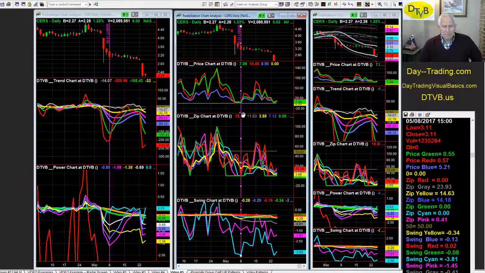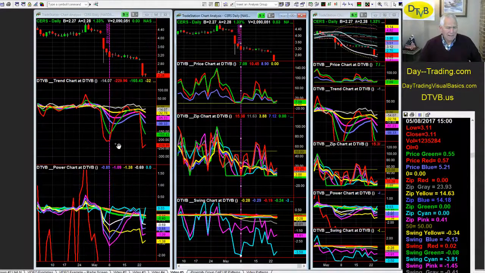Now, that being said, with this day being an excellent uptrend day or next day up signal in the power green lines, we also over here on the same day in the trend chart have a BOC bottom.